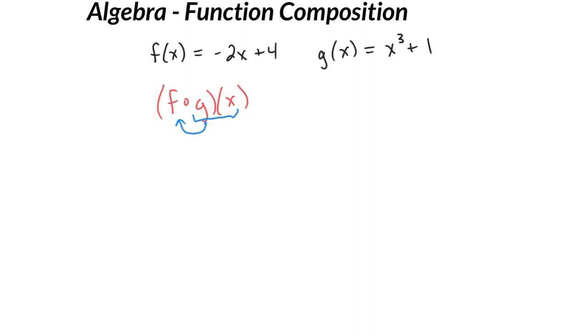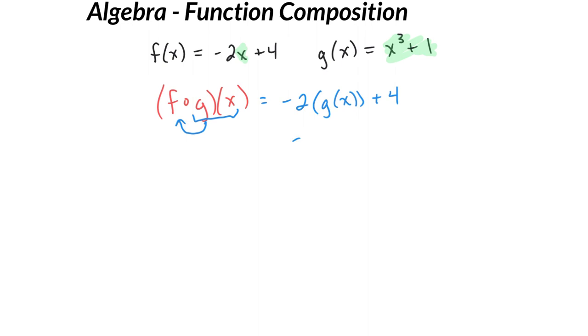So we are going to take our entire function, x cubed plus 1, and plug that in for x, for our variable in f. So this would be equal to -2 times g. If you want to think about it that way, you could say it's times my function g plus 4.